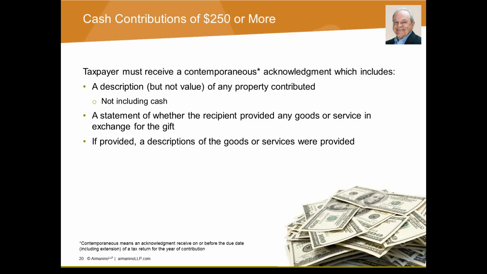Now, one thing to keep in mind is that when the word contemporaneous is used, it means that the acknowledgement or letter went to the donor on or before the due date of a tax return for the year of contribution. So if I made a gift of $300 to a charity in 2014, that letter should be in my hands certainly by April 15th of 2015.